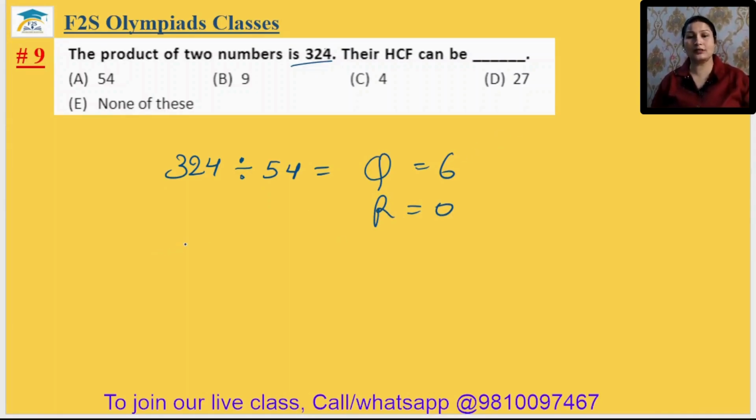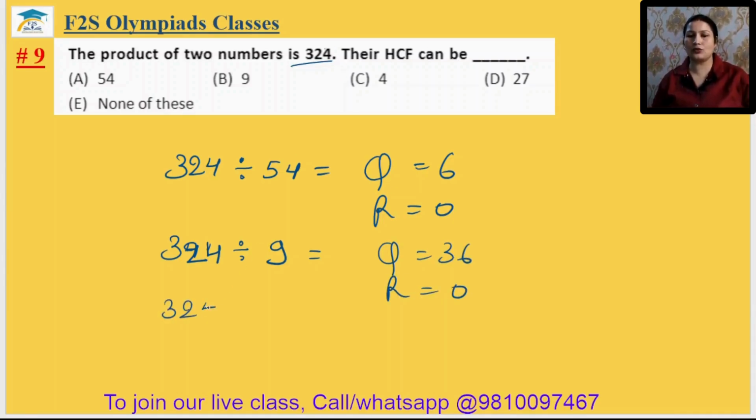Okay, now first check with the division method. 324 divided by 9 now. If you divide it by 9, you can find it is divisible by 9 or not. 324 is divisible by 9. So yes, it is divisible. Quotient is 36. Remainder is 0. 324 is divisible by 4 also.